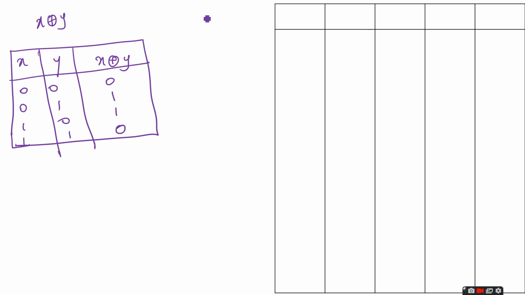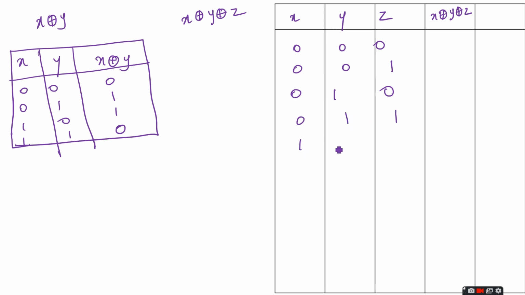Now we can draw the truth table for X exclusive OR Y exclusive OR Z. For three variables, we'll write X, Y, Z, then X exclusive OR Y exclusive OR Z. Then 0 0 0, 0 0 1, 0 1 0, 0 1 1, 1 0 0, 1 0 1, 1 1 0, and 1 1 1.